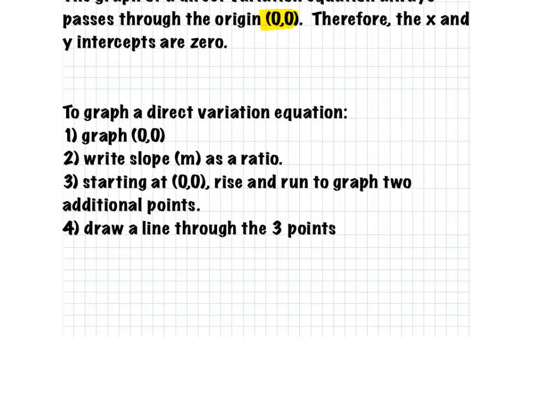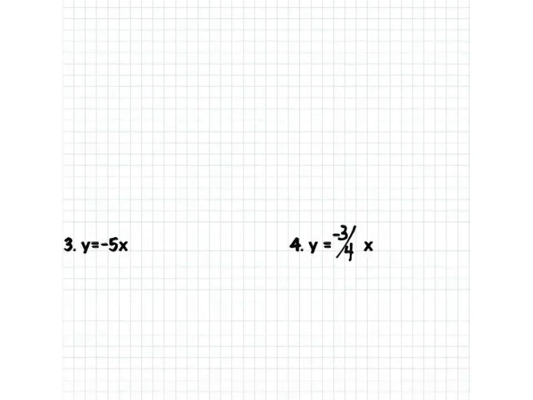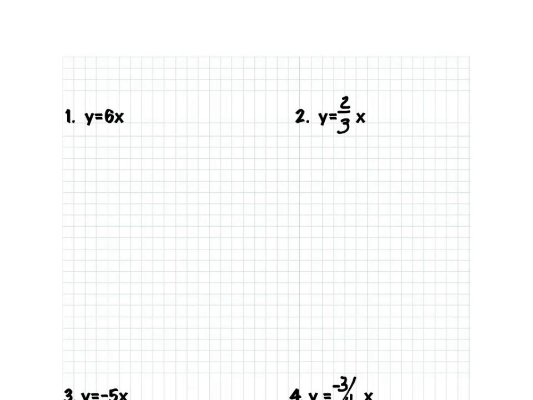All right, let's practice. Here we go. Number 1, y equals 6x. I know that this is a direct variation equation because it takes the form of y equals m times x. If the equation takes that form, then I know it's a direct variation equation.